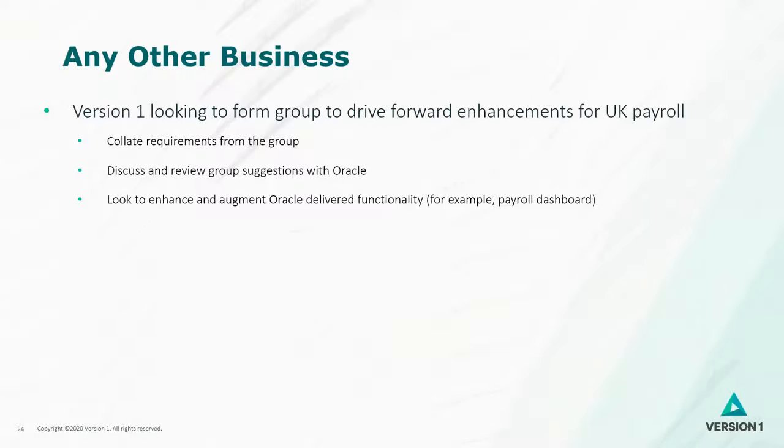Just down to the final point now, around any other business. So here at Version 1, we would like to form a group or collate some group feedback, really, to drive forward some enhancements predominantly for the PeopleSoft UK payroll product. Our thinking behind this is that, as we've seen in the previous section, there are some small tweaks that can be made, which really can make a big difference.